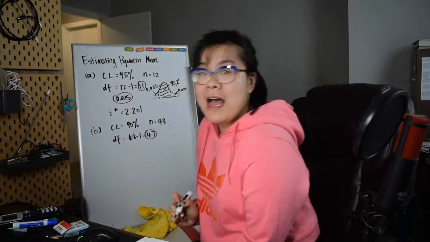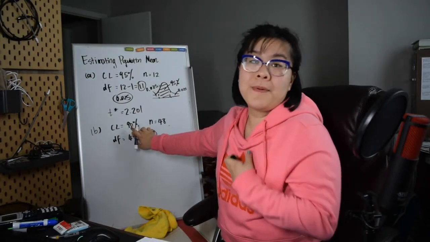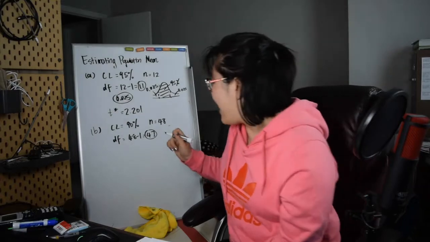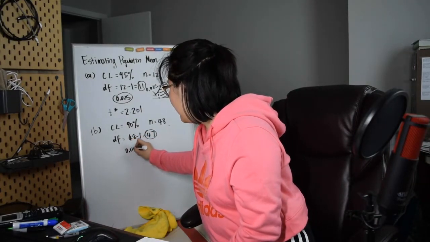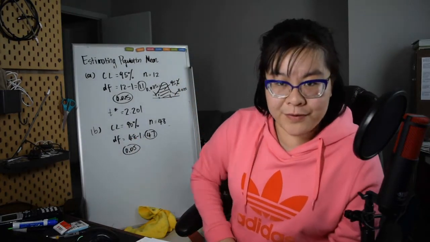Then you find the probability. Again, you use 1 minus 90%, which is 10%, break it into 2 tails, which is 5% each, so 0.05. So we want to find 47 and 0.05.